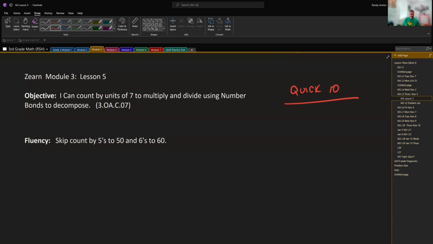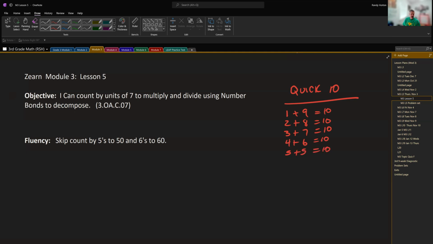So for example, a 1 and a 9 is a quick 10. A 2 and an 8 is a quick 10. And you see the pattern. We're just looking for any 2 digits that equal 10. Let me finish this. 4 and 6 equal 10. 5 and 5 equal 10.